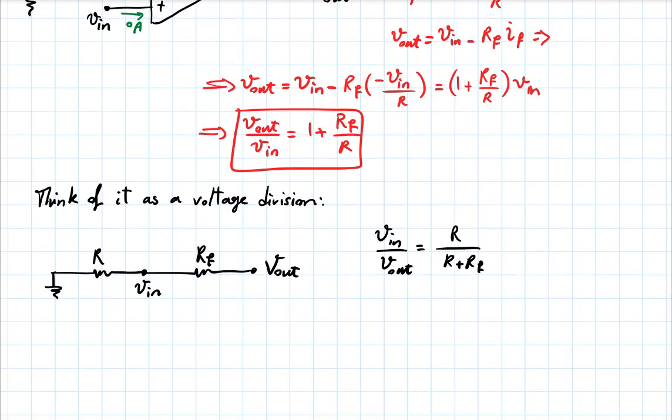I have a question then. Why do I bother with an op-amp? Why not simply do this? What is the op-amp doing here for me? If I could just use two resistors and a voltage divider like this and get the same thing at the output, why am I bothering with the op-amp?